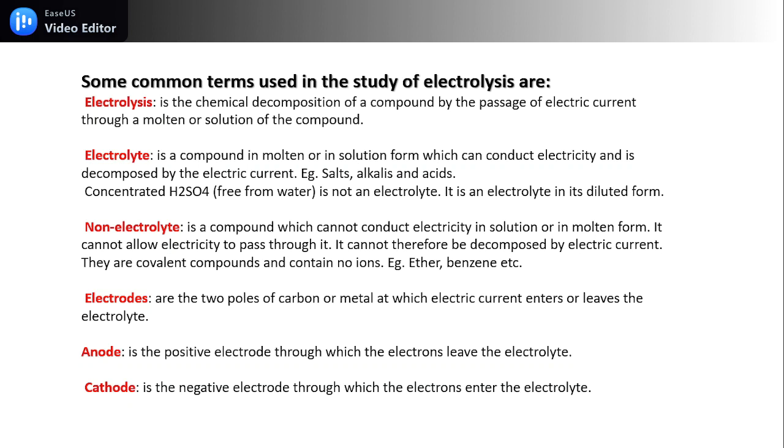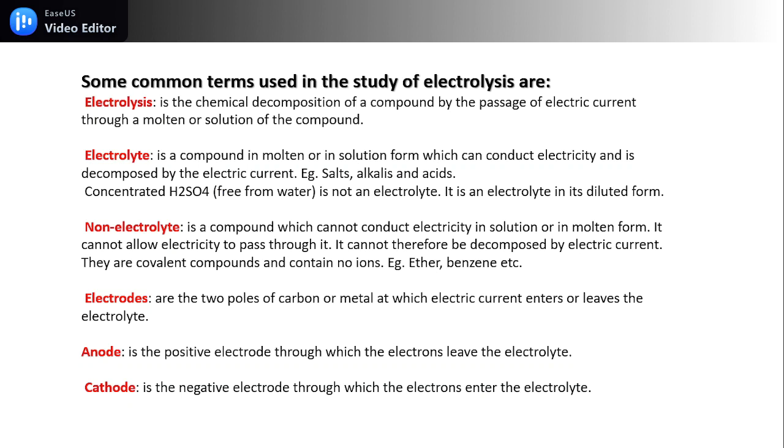Examples of electrolytes are salts, alkalis, and acids. We have a lot of electrolytes. So what is stated here, concentrated sulfuric acid is not an electrolyte. When we have the sulfuric acid concentrated, which is free from water, it is not an electrolyte.